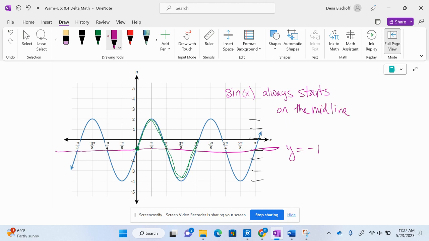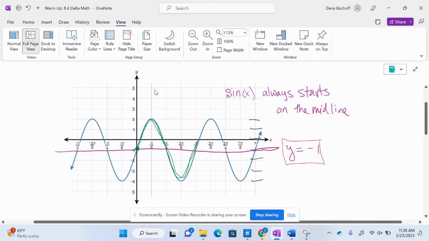And then cosine of x, remember, usually starts at 1. So the cosine function is usually above the midline unless that leading coefficient is negative and it has been reflected. So this is all you need for that. Okay. Does everyone feel like they can find the midline of a sine or a cosine?